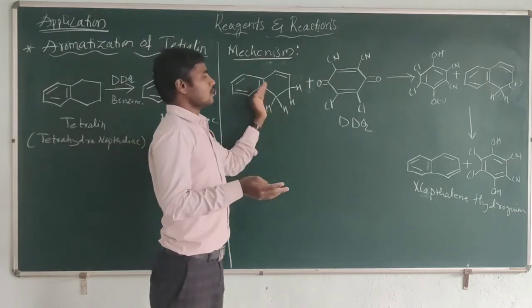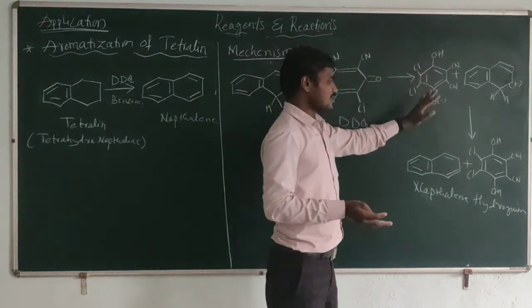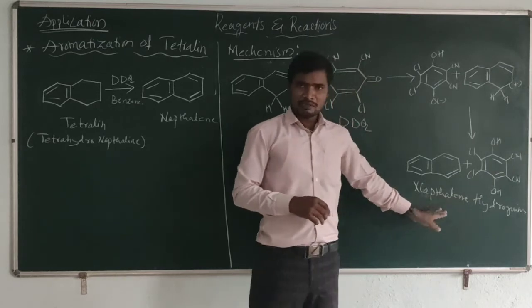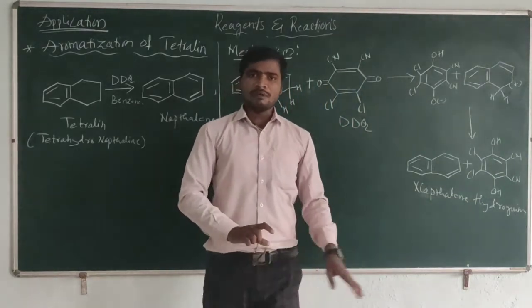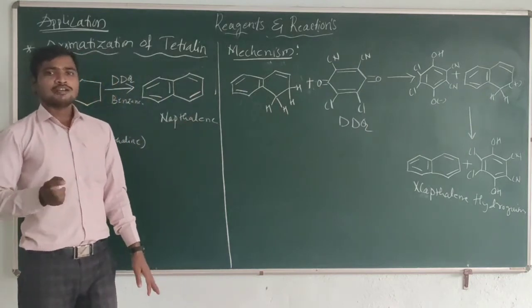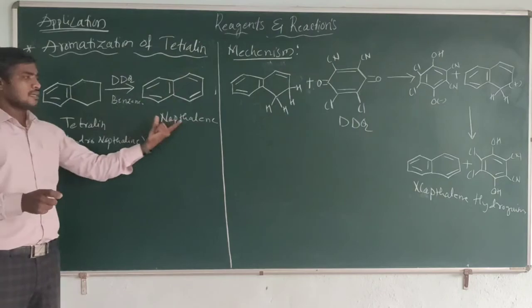This molecule further reacts with a second molecule of DDQ. After the process of dehydrogenation, it converts into the aromatic molecule naphthalene. So this is a process of aromatization, the conversion of tetraline into naphthalene.